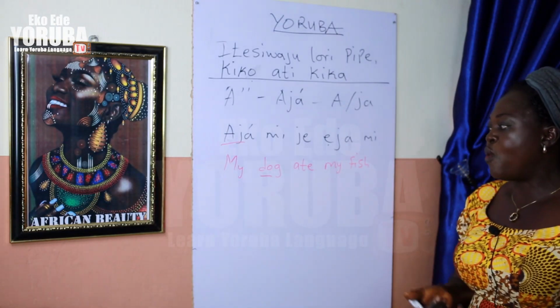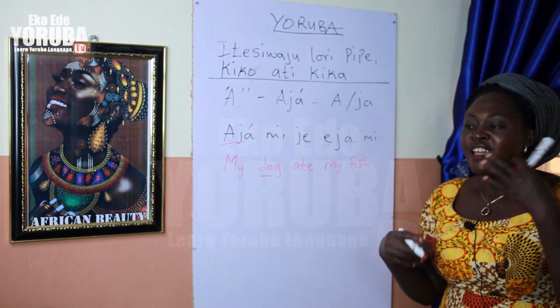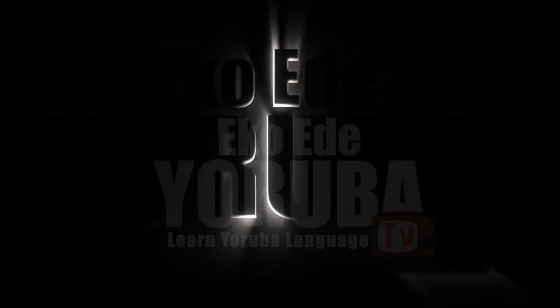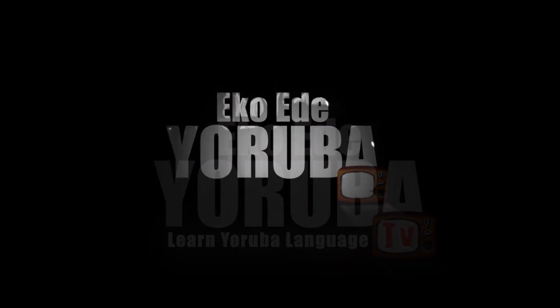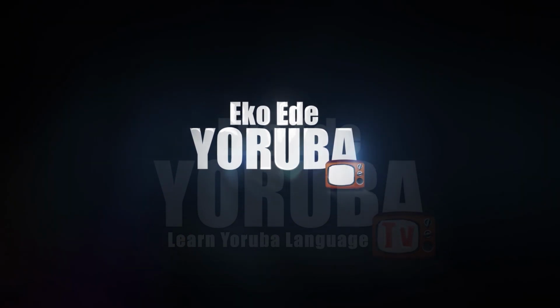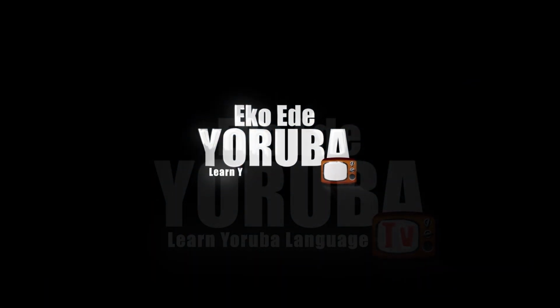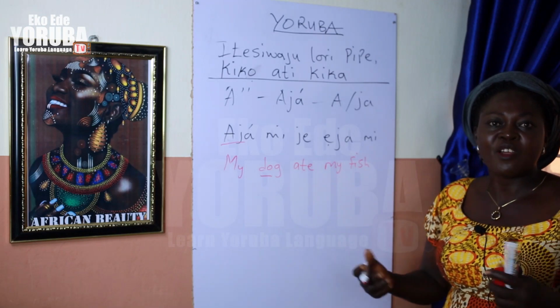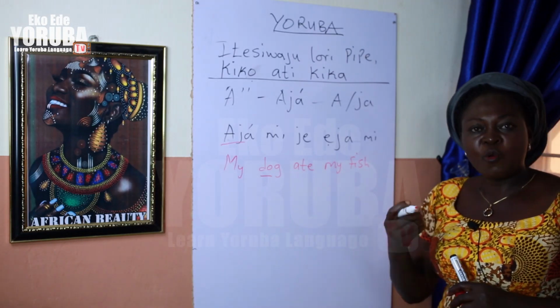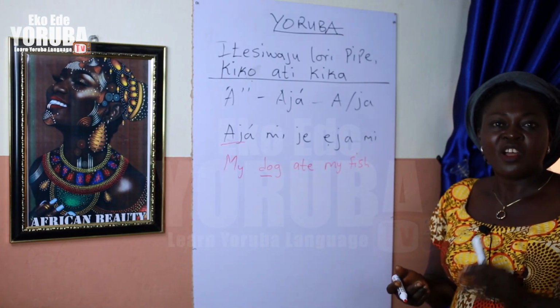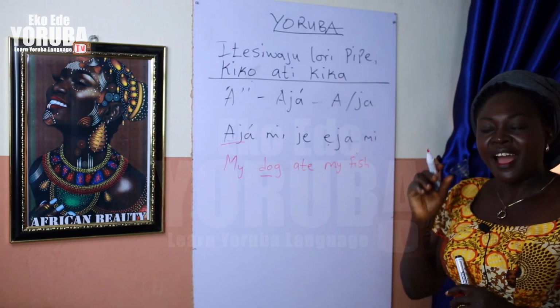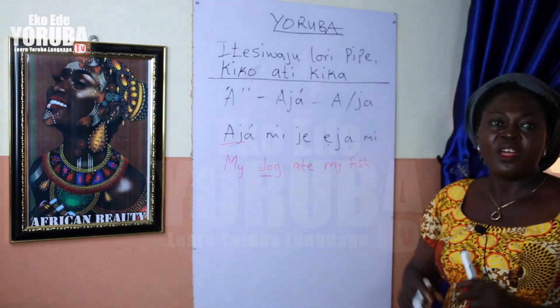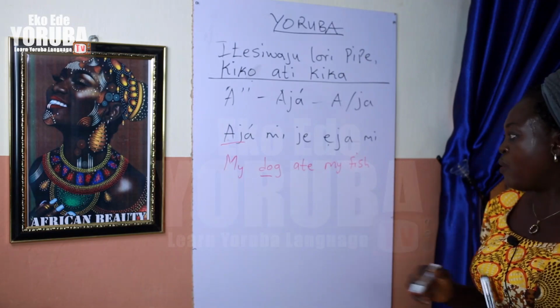We have another one, which is àgbàdo. Àgbàdo is maize. You can call it maize or corn, the one we are eating. I want to write it down.